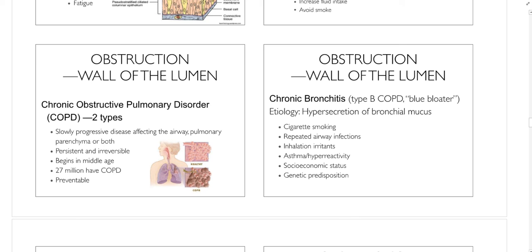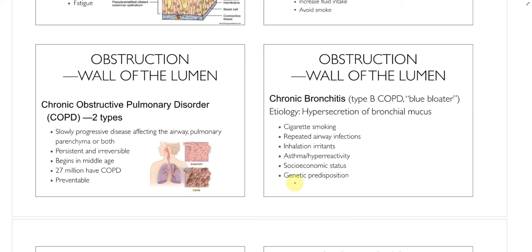People can control it. There are things we can do to better control it, but it is chronic. It is irreversible. It generally begins in middle age, affects 27 million people, and it's generally preventable in some way. It's not a congenital or genetic disorder that people are going to develop.